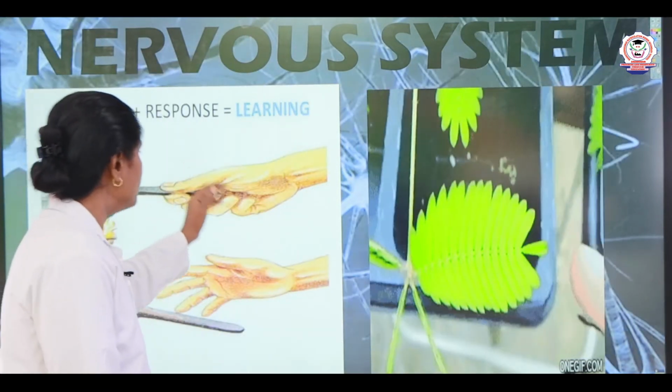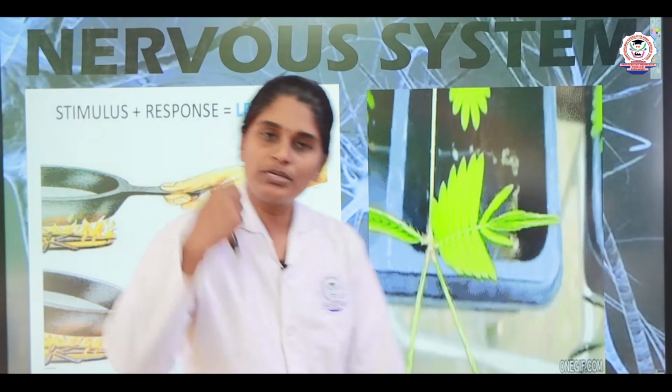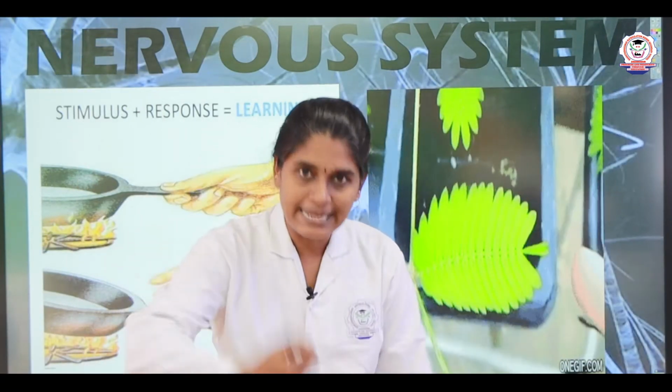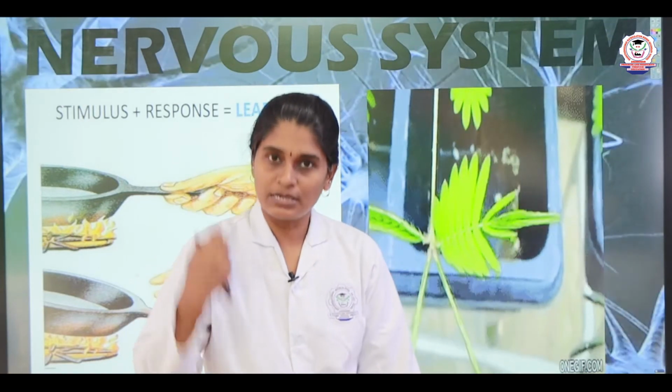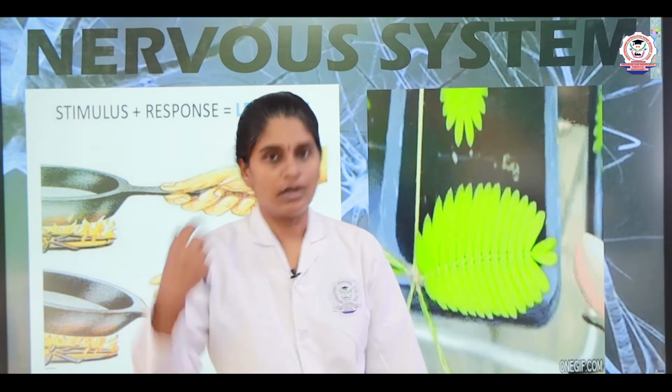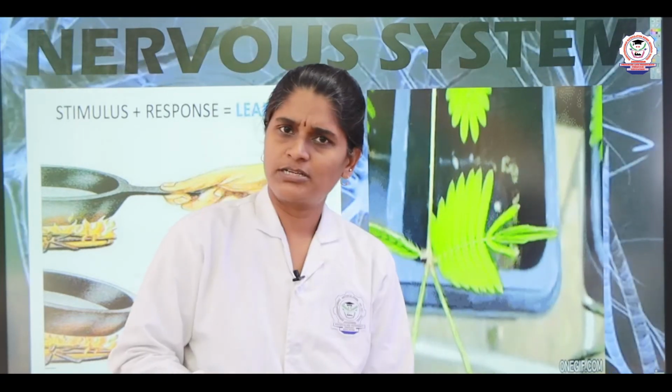Now, again, you are withdrawing your hand. So, here you are taking away the hand from the hot object. Here the hand nerves also act as an effector. What is an effector?